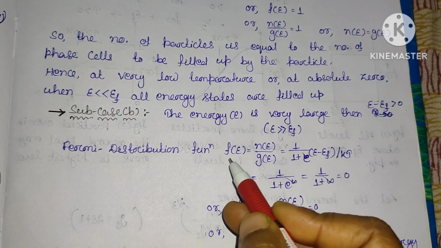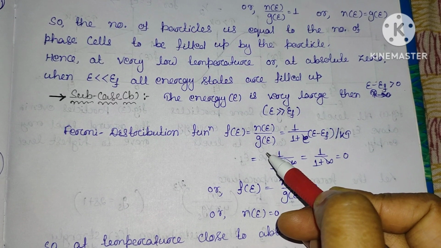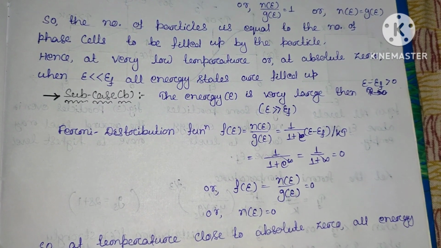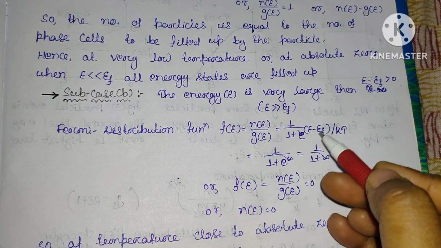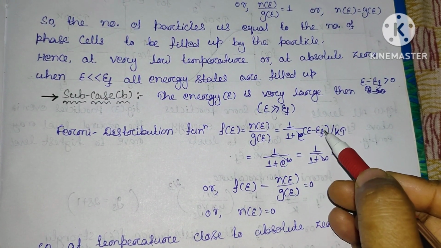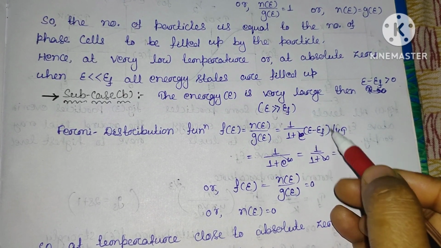So this Fermi distribution function, that is f of E equal to n of E divided by g, will be equal to 1 by 1 plus exponential E minus EF by kT. You can see here that this energy term is larger as compared to EF. So E minus EF will give a positive quantity.